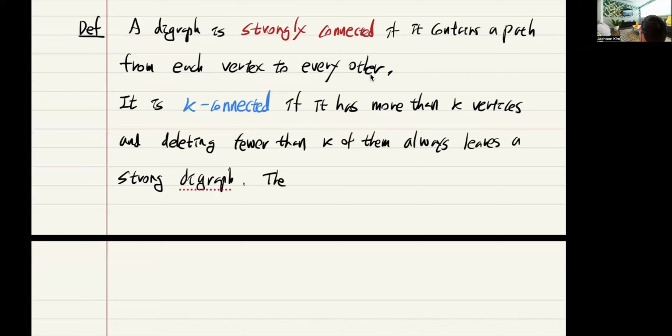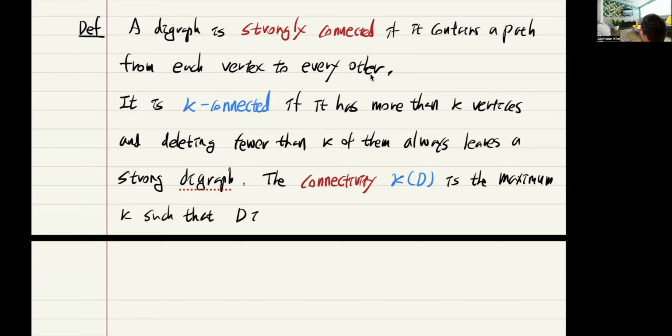And we define the connectivity kappa of this digraph D to be the maximum K such that D is K-connected.